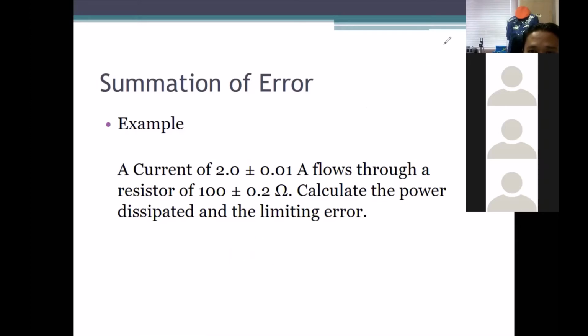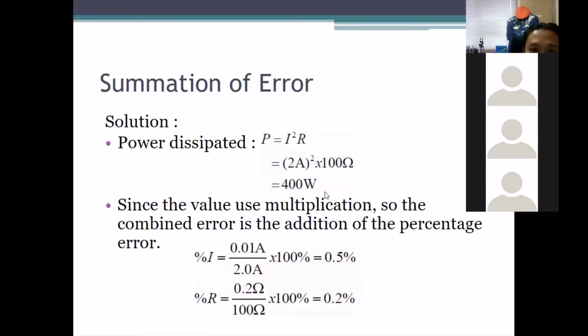This is the formula I mentioned to you: I multiplied by I multiplied by R. You can see the operation is multiplication, so just add the limiting error here.